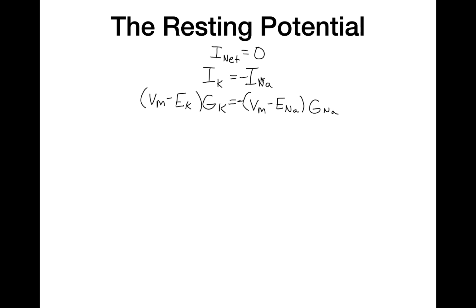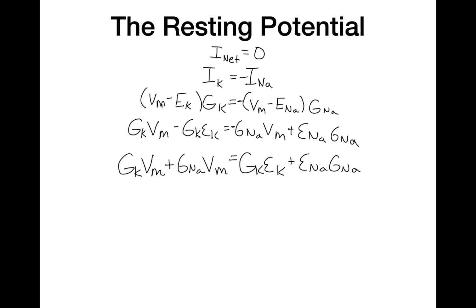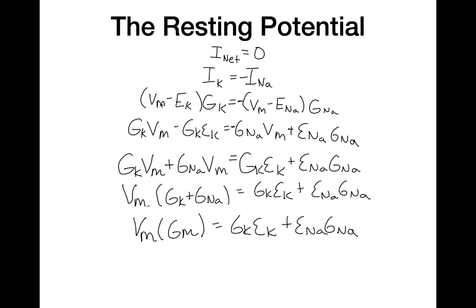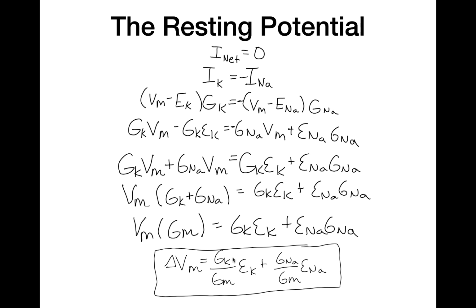And we will substitute in our equations for current for both potassium and sodium. And what we're going to do is some simple algebra in order to solve for Vm. And the equation that we get is the equation below.